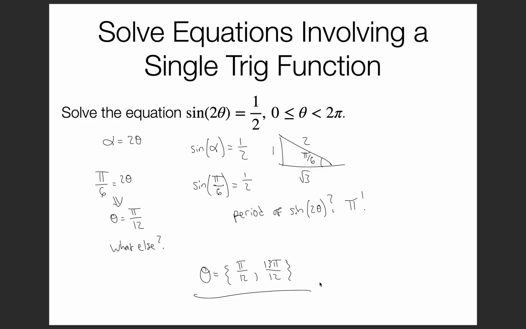So that's my second answer. And then if I add pi again to 13 pi over 12, I get 25 pi over 12, which is slightly larger than 2 pi, and so that is not a solution. So it turns out that the only 2 solutions to this problem are pi over 12 and 13 pi over 12. Okay, so hopefully that made sense.